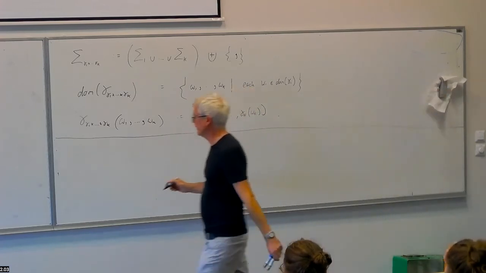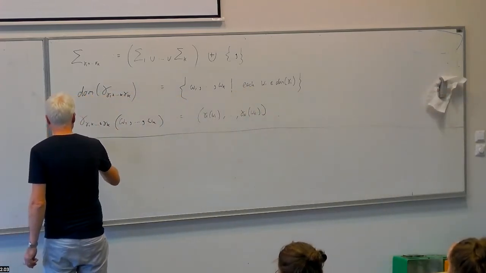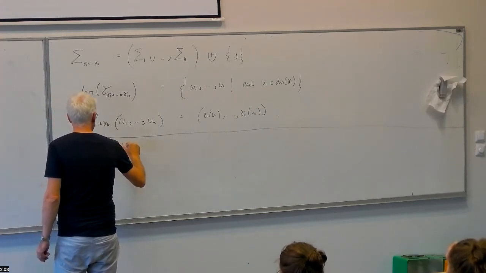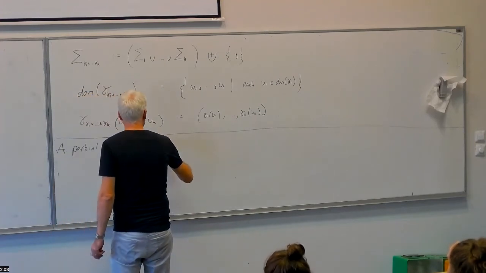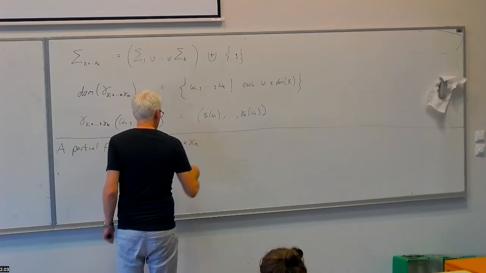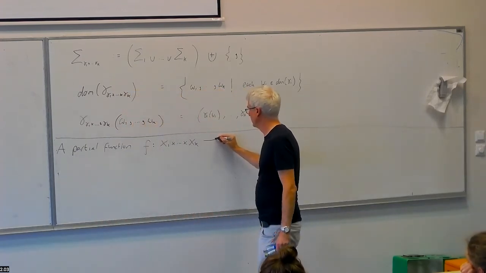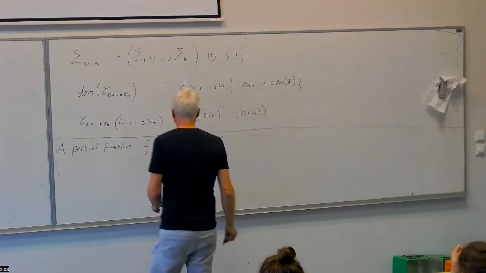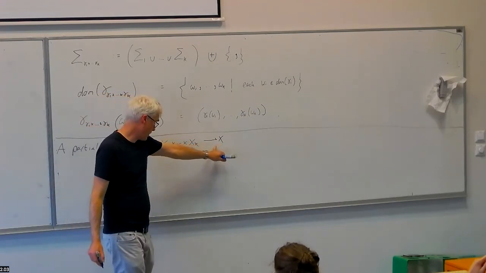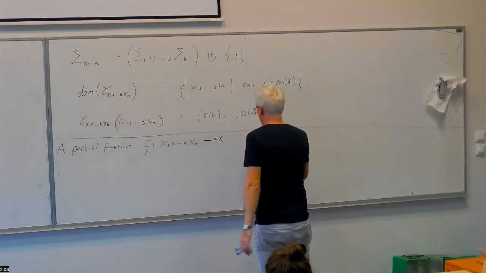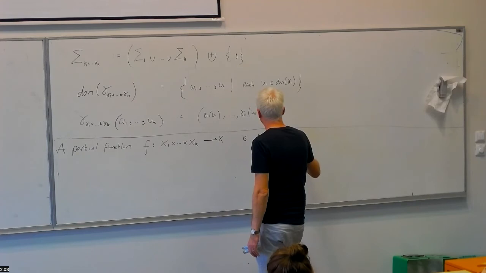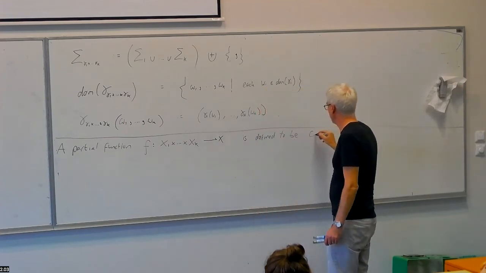A k-argument partial function f, that's a partial function from a product set to another set X, is defined to be computable.